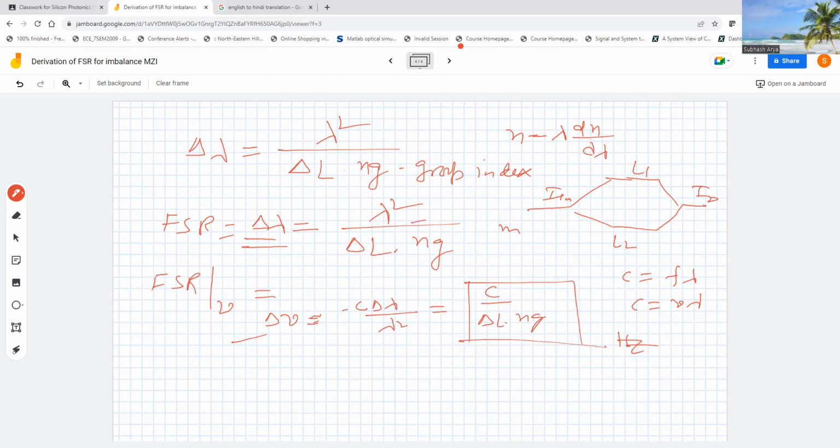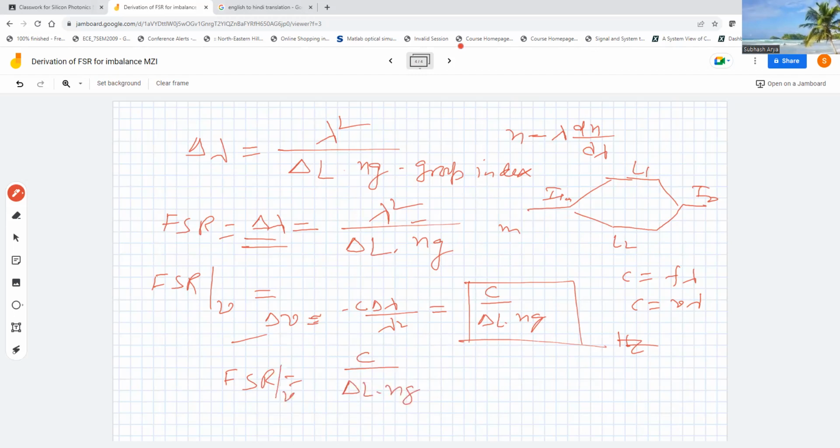That is the benefit of representing FSR in terms of frequency. In terms of frequency, FSR is equal to c by delta L Ng.